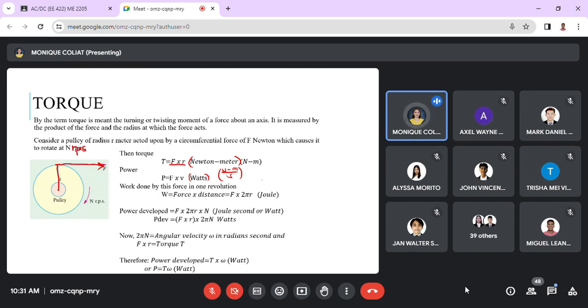Force is in Newton and R is in meter, and you will get joule. That is Newton meter. The equivalent of Newton meter is joule.